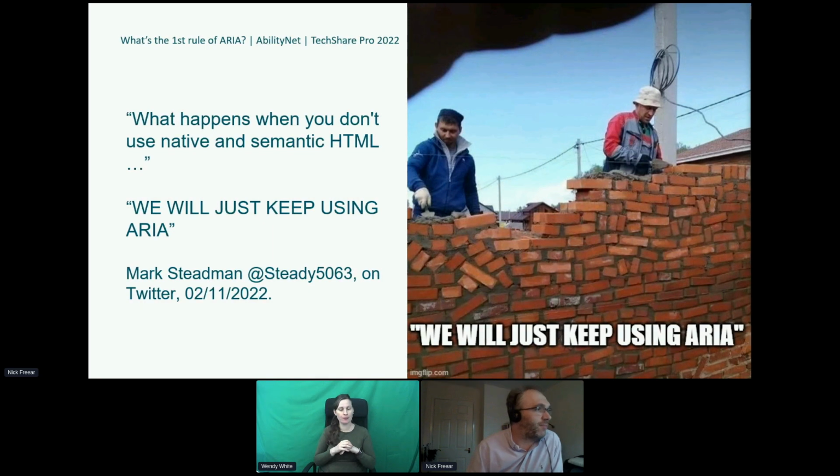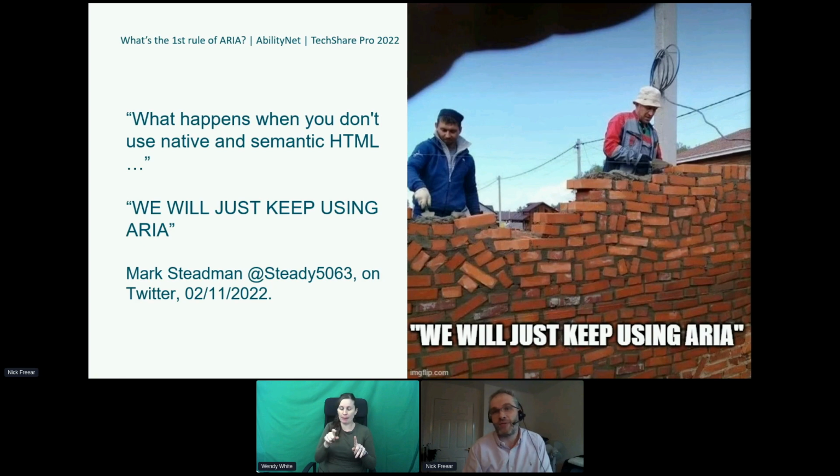Also, just to give some context, this was a tweet that one of my colleagues found recently, and on the right we've got an image of two guys trying to produce a really dodgy, wonky wall of bricks. All the bricks are at different angles, higgledy-piggledy, and it's captioned, "We will just keep using ARIA," posted on Twitter by Mark Steadman at the start of November, which is the sort of approach that it seems people take sometimes.